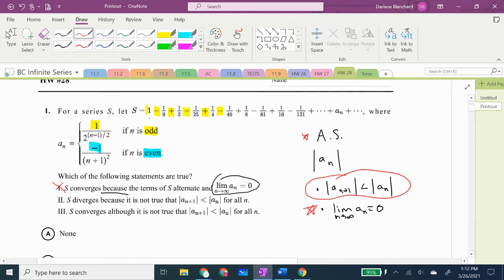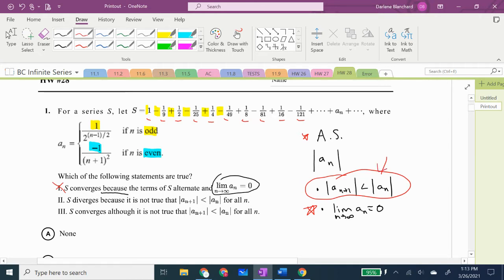If you look at the terms as you go along, you should take note that the absolute value of these terms is not just decreasing, it's going up and down. It's oscillating. This is not true.